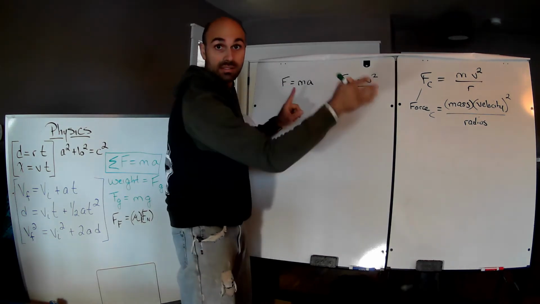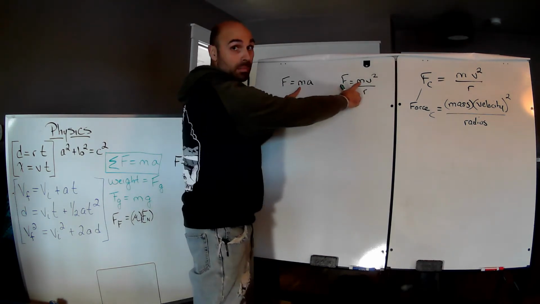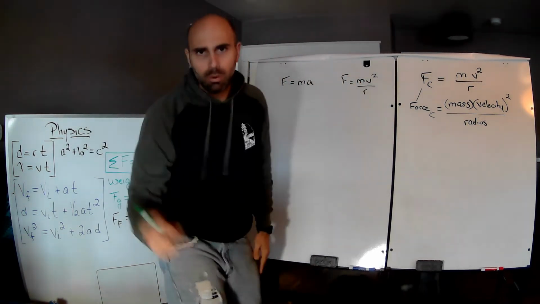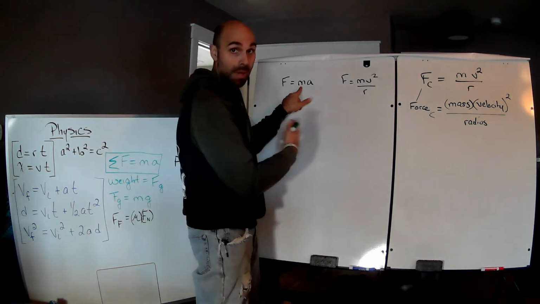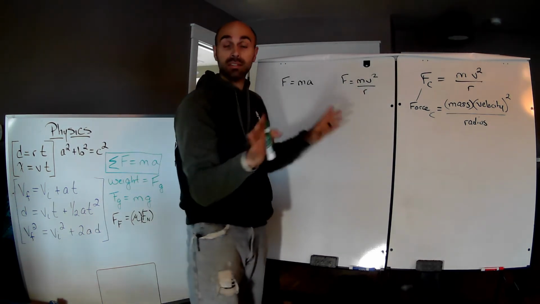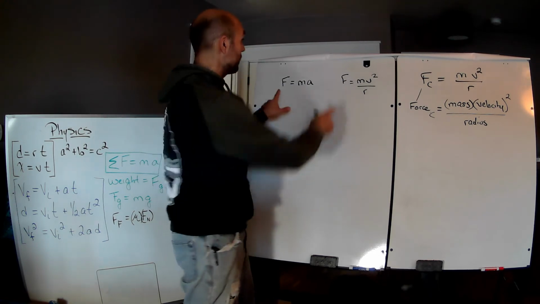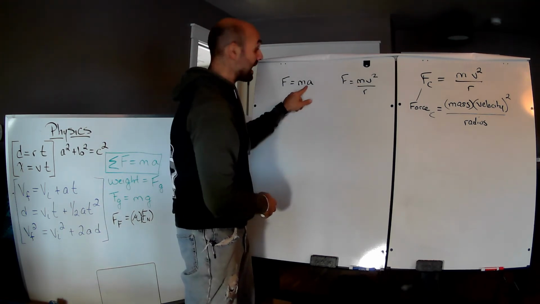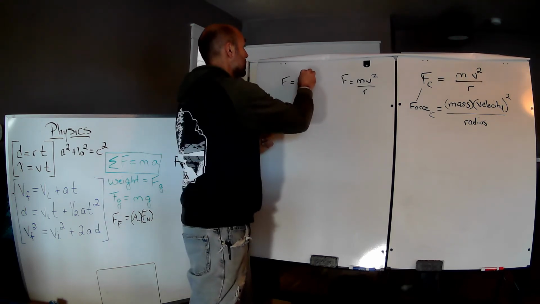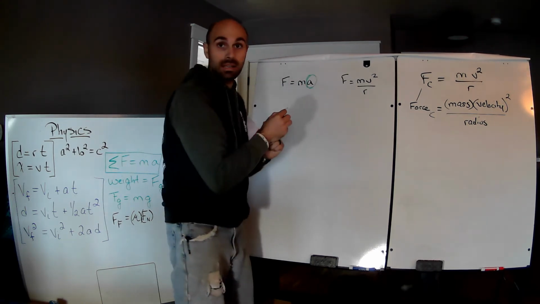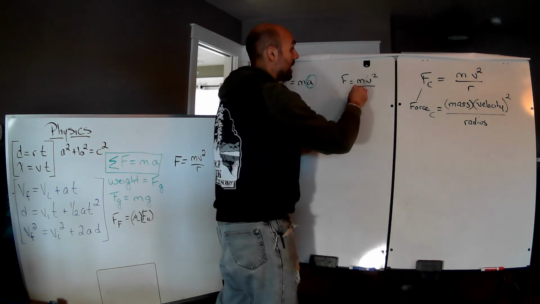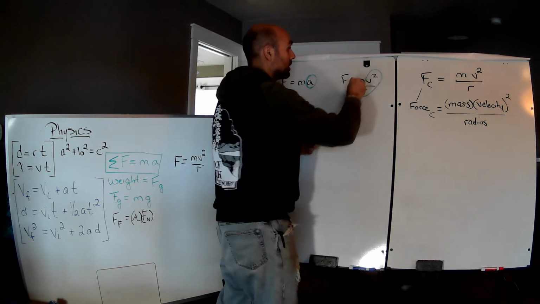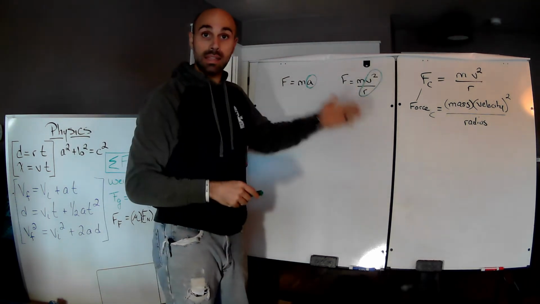F and F, same. M and M, same. M, mass, and M, mass, the same. So if F is F, M is M, that must mean that a here is really the same as v squared over r in this case.